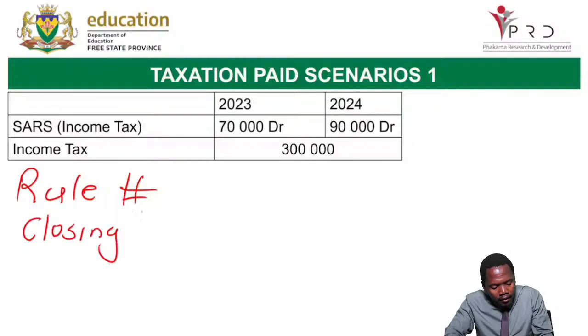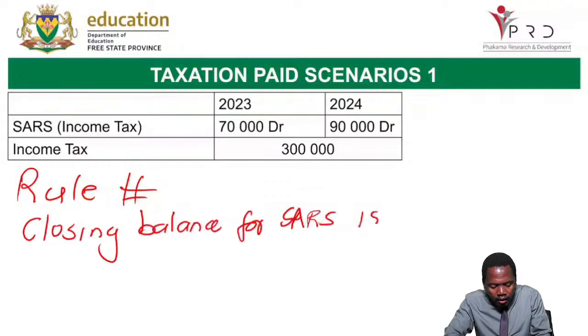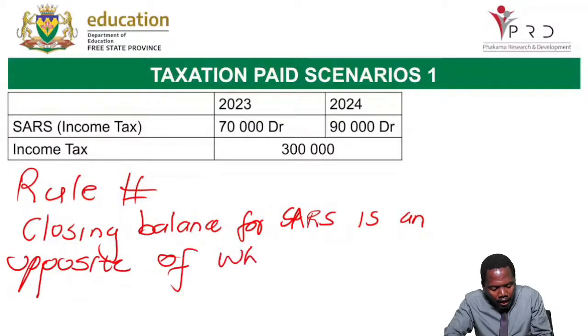Closing balance for SARS is an opposite of what is shown on paper.